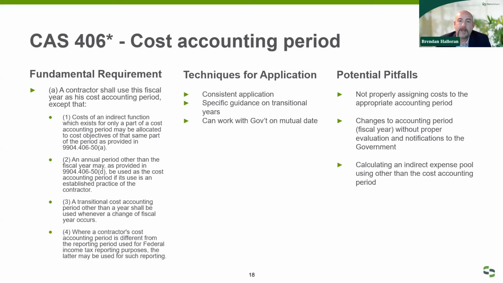So we talk a little bit about techniques for application, obviously consistency. I talked about transitional years, which happen frequently where there's organizational change or other integration type activities, and there can be agreement because it makes sense, and it does happen. So some of the pitfalls that you can run into with this, or some of the things that will cause you heartburn when it comes time for audit, are really being sure that you are assigning those costs appropriately to the accounting period.